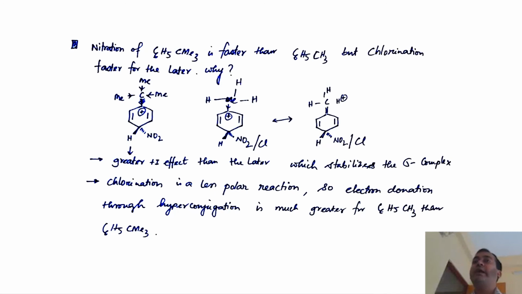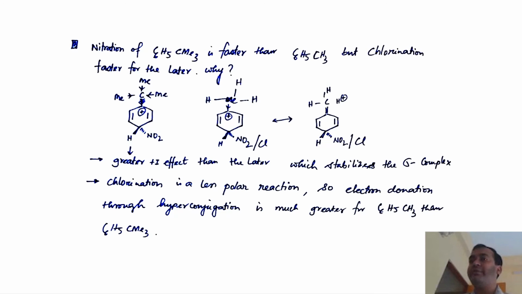Correct? Actually, that is the factor operational in the case of nitration. In nitration, the electrophile is NO2 plus, which is a very polar electrophile, and it generates a very strong positive charge. It is a highly polar reaction, and that is why this strong positive charge is stabilized by this plus I effect.